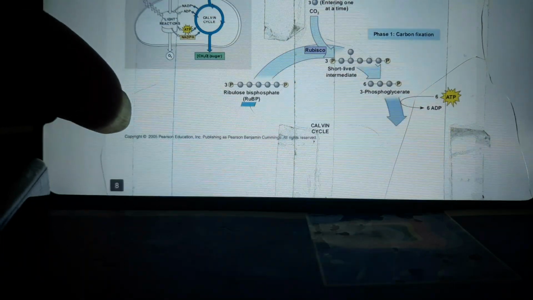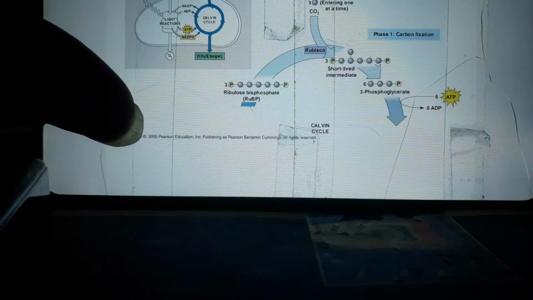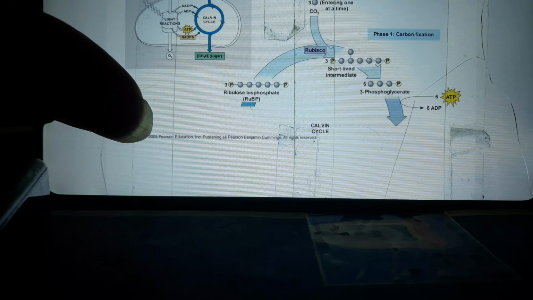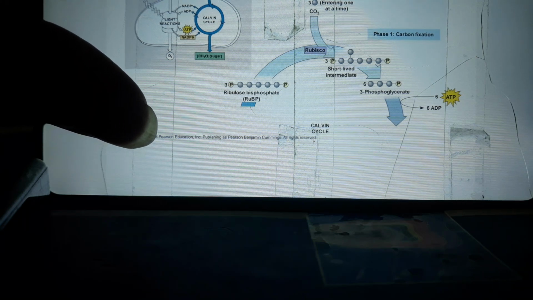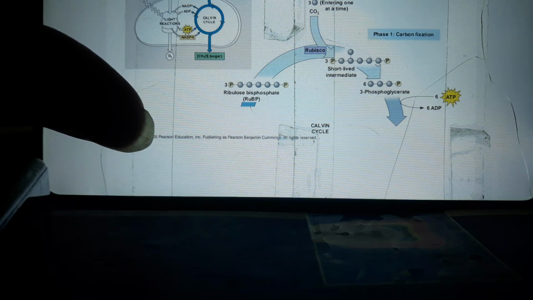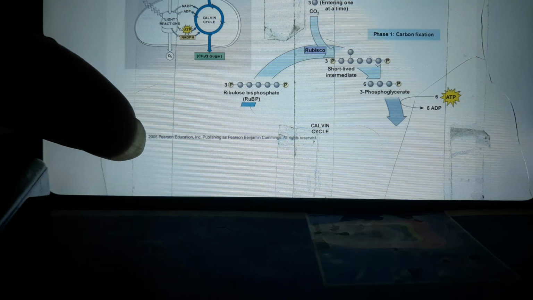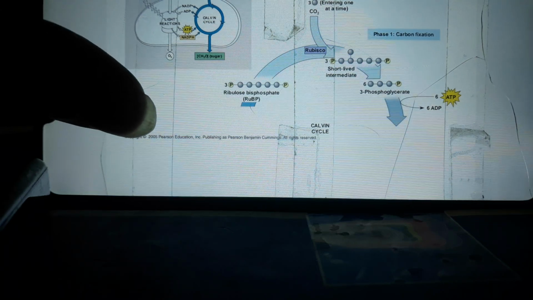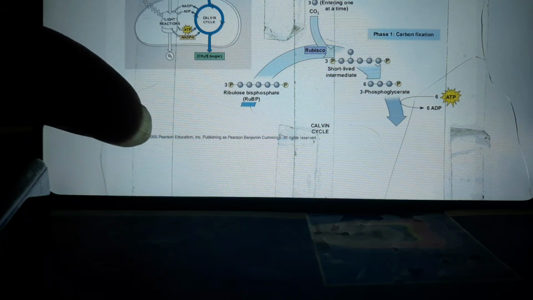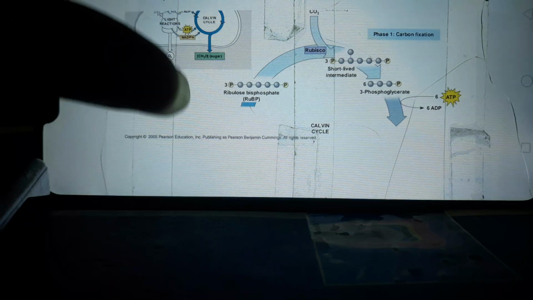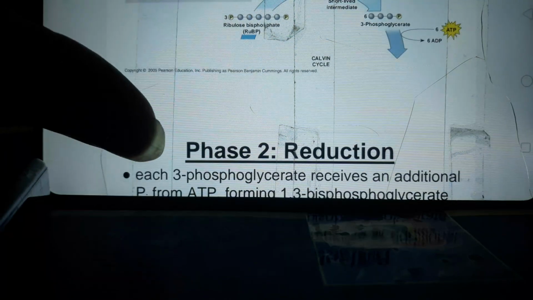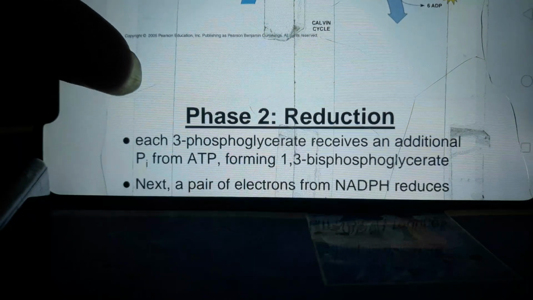And then you have ribulose biphosphate and input of 3 CO2 entering one at a time in the presence of rubisco, a short-lived intermediate phase where we have phase 1 carbon fixation, then we go to 3-phosphoglycerate in the presence of ATP, 6 ATP getting reduced to 6 ADP, right? That is actually the Calvin cycle part of it.